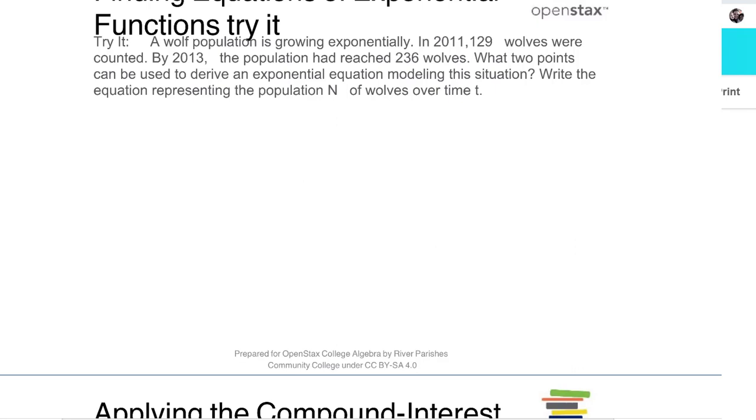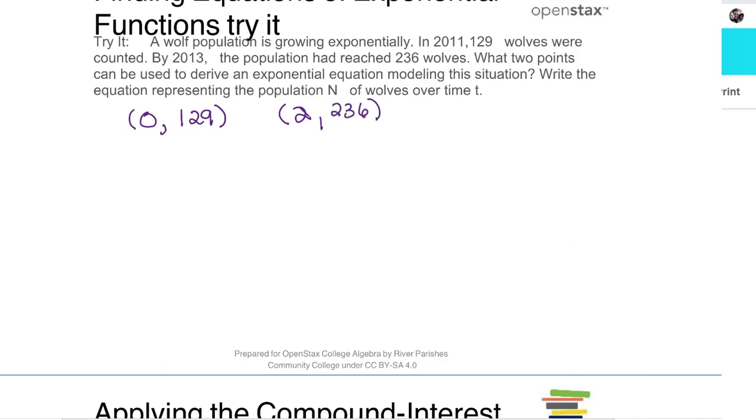Write the equation representing the population n of wolves over time. So the first point is in 2011. We'll just call that year 0, and it's 129. And then after 2 years, 2013, is 236.